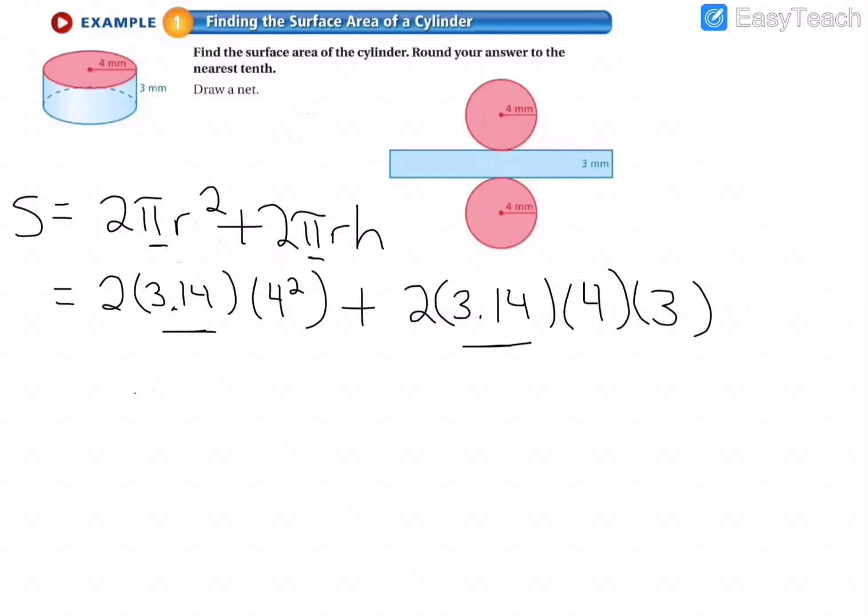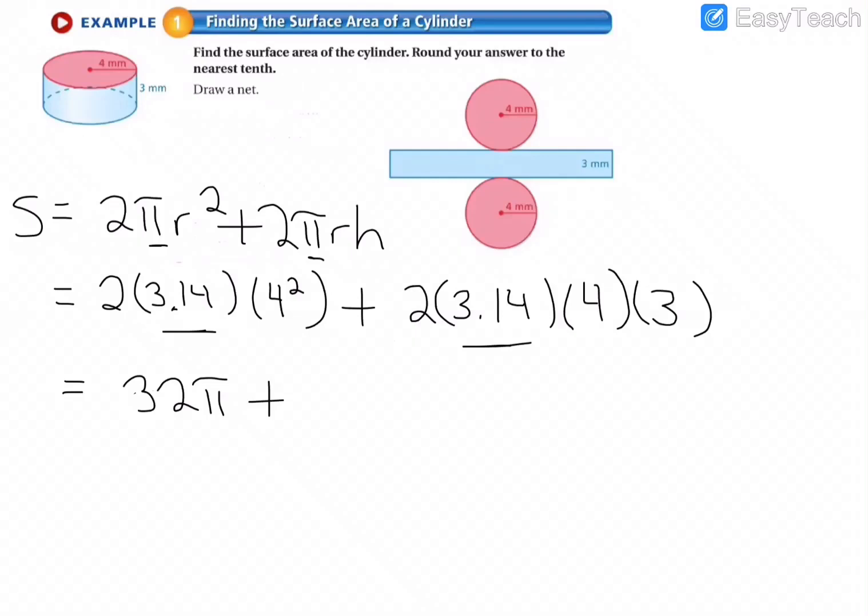So if I do 2 times 4 squared, 4 squared is 16. 16 times 2 is 32. So I'm left with 32 pi. I'm just leaving the 3.14 as pi right now. And then I'm just multiplying my whole numbers. 2 times 4 times 3 is 24.